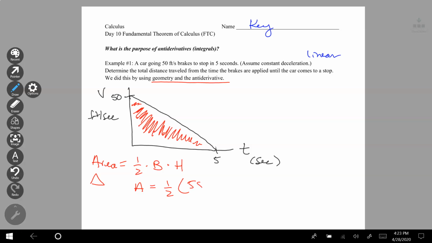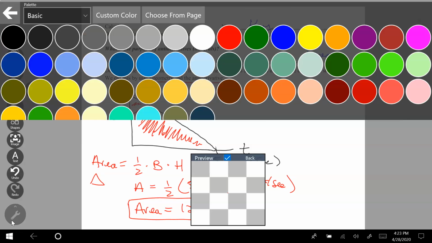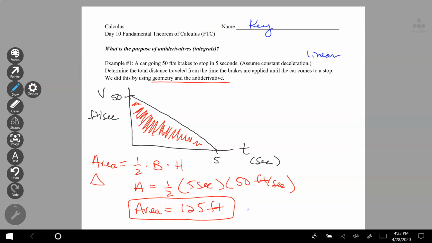The base is 5 seconds. The height is 50 feet per second. I multiply it all out, and this red area is equal to 125 feet, and this was my distance for this car to brake, using geometry.